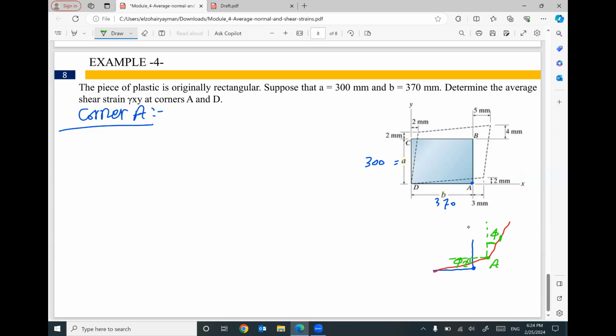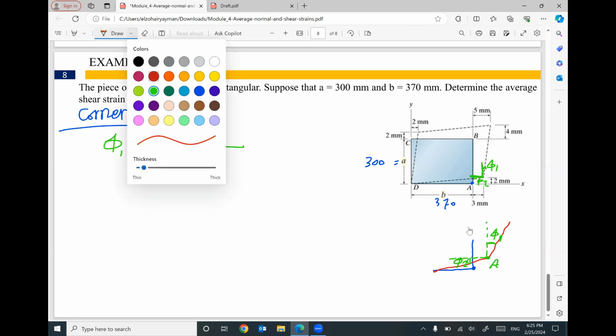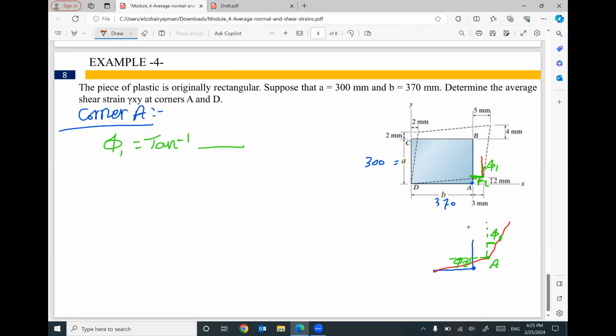If you set up here the original right angle, we will have two changes of the angle, phi 1 and phi 2. Let's start with phi 1 equal inverse tan of the opposite divided by the adjacent in a right angle triangle. So I can set up this right angle triangle. How much is this one? I think it will be 2.